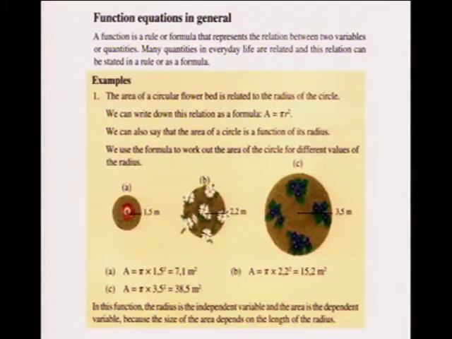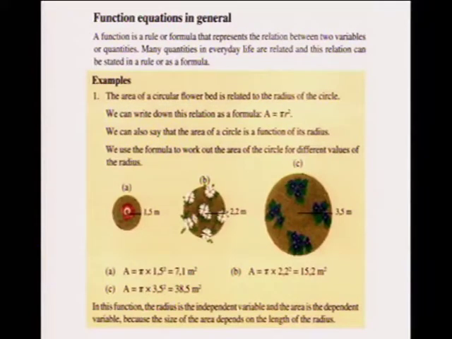Then we have function equations in general. A function is a rule or formula that represents the relation between two variables and quantities. Many quantities in everyday life are related, and this relation can be stated in a rule or as a formula. So study your formula.